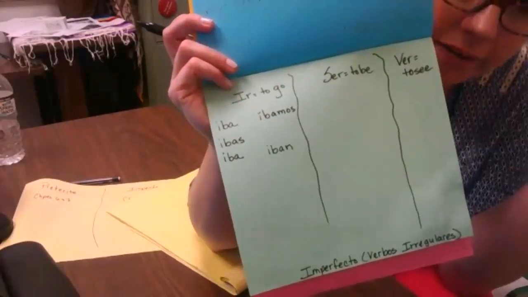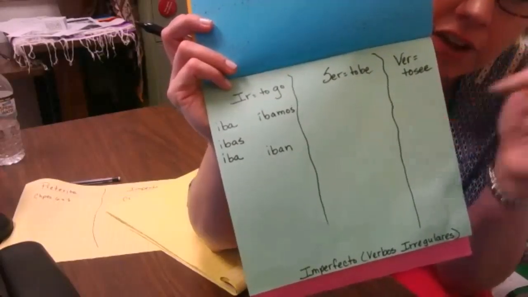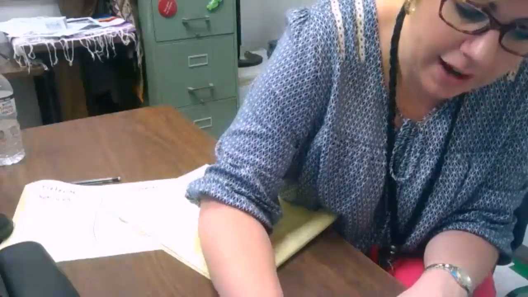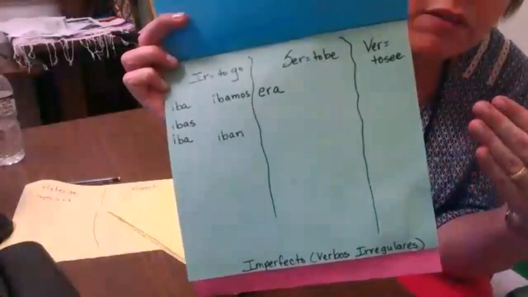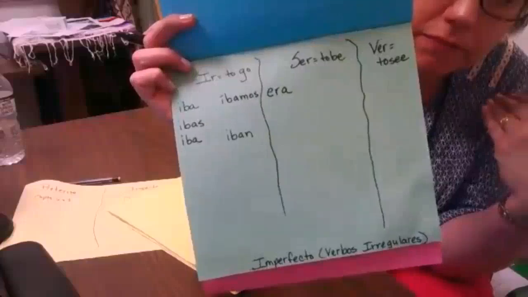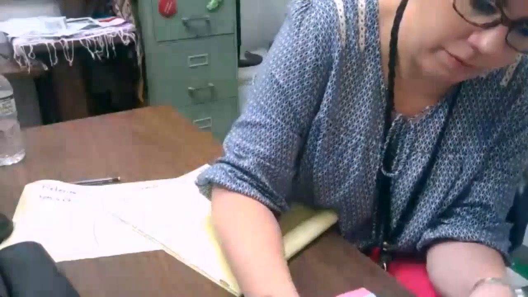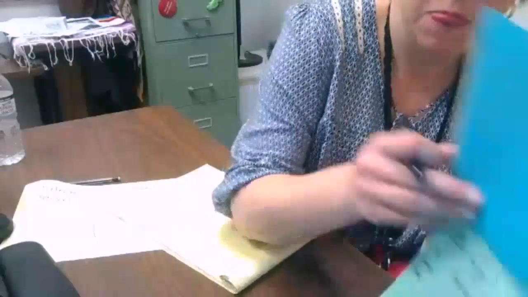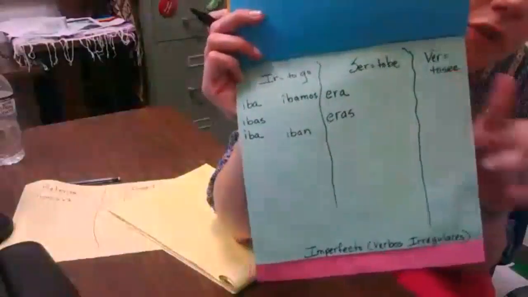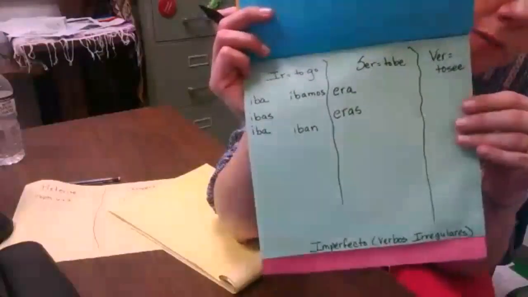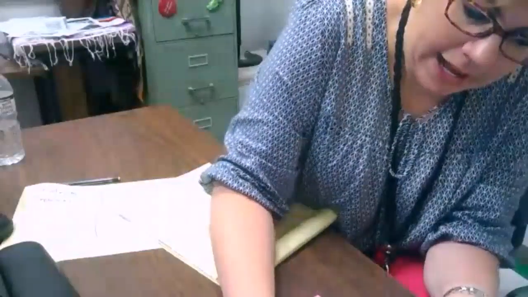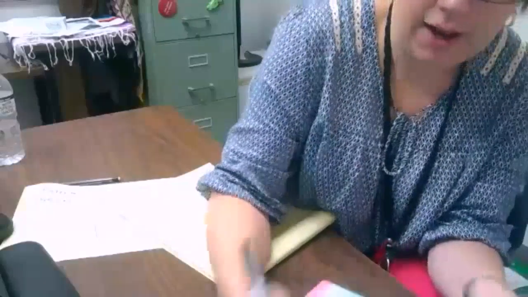Now let's do the verb ser, to be. Let's look at the conjugation of ser in the imperfect tense. So the yo form is era. Yo era, which means I used to be. Tú eras. You used to be, or you were. Él, ella, and usted era.